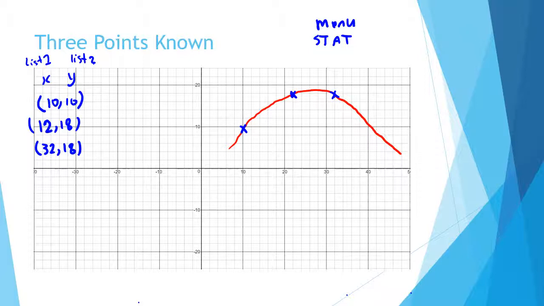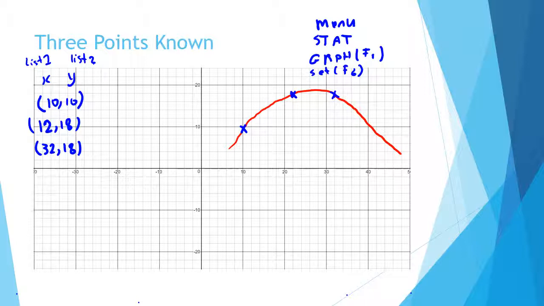After you do that, you go to graph, which is F1, and in graph you go to graph 1. You press set, which is F6, just to check that your setting is correct. Make sure it says graph 1 on the top, the graph type is scatter, your X list is list 1, and your Y list is list 2.